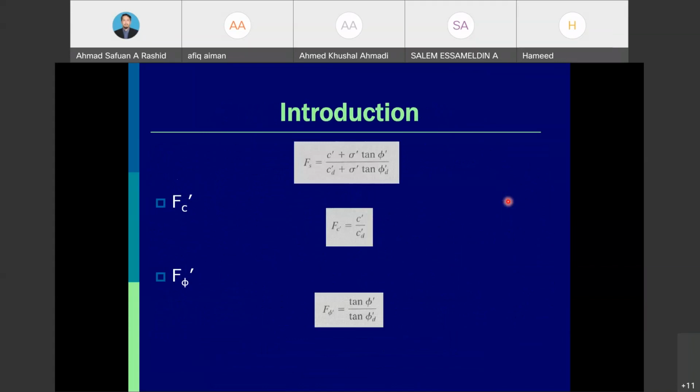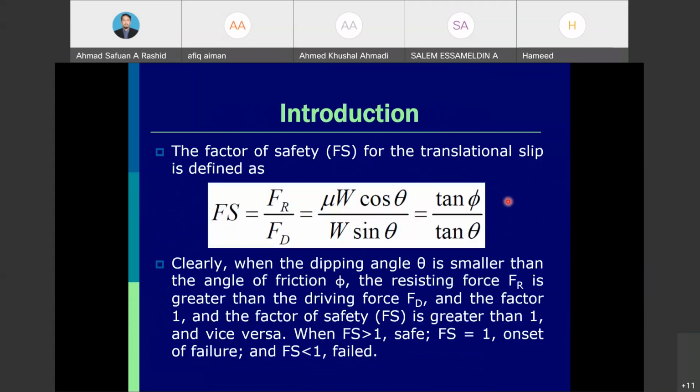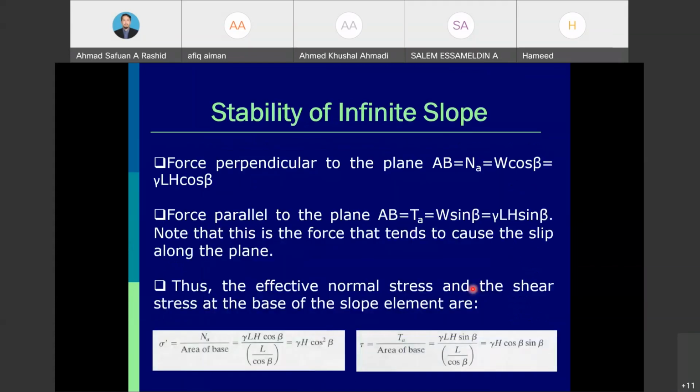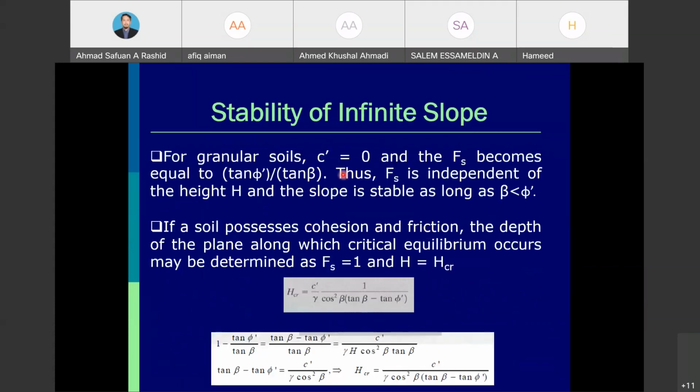So for instance, if the situation is a granular type of soil, where C is equal to 0. Normally, when we carry out a long-term analysis, the C prime is near to 0.